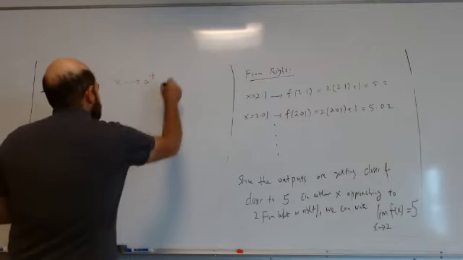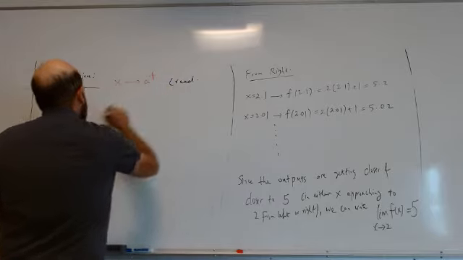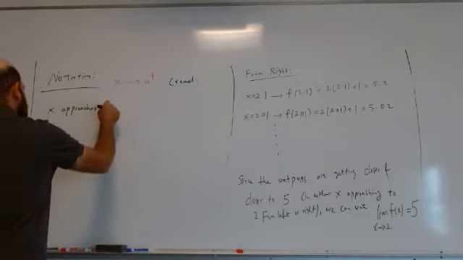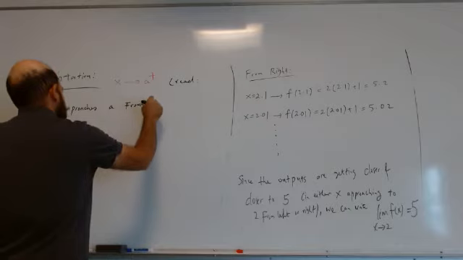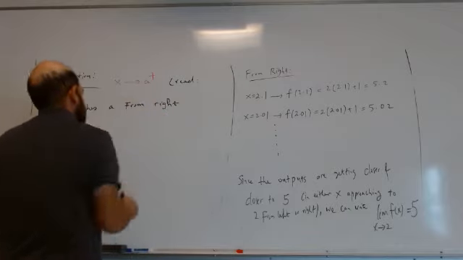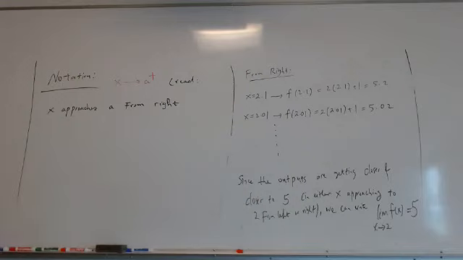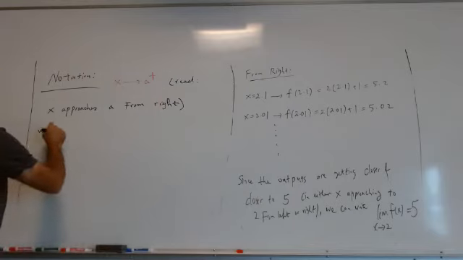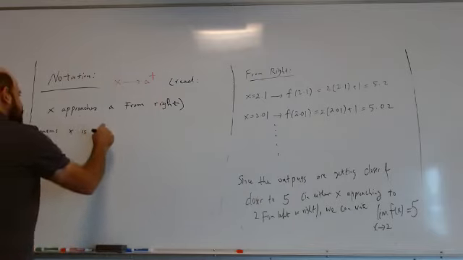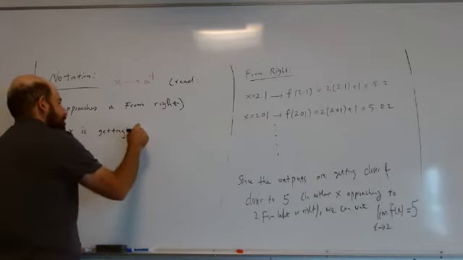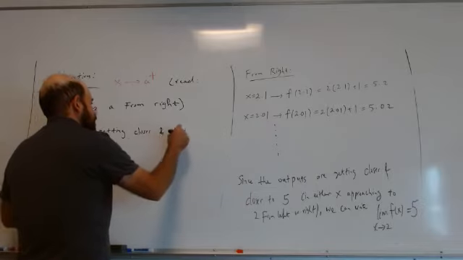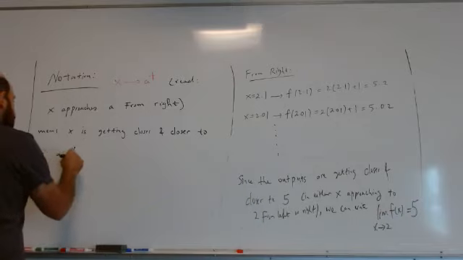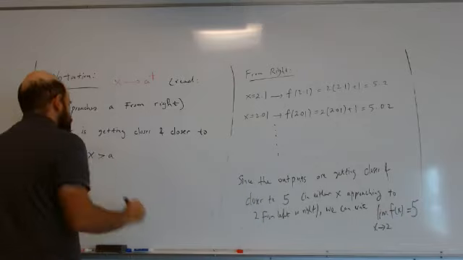This one is read x approaches a from right. It means x is getting closer and closer to a, and x is bigger than a.